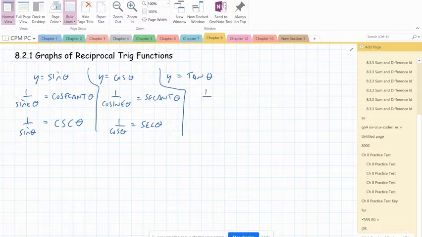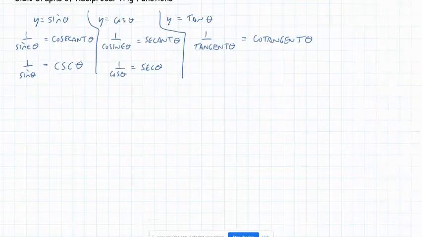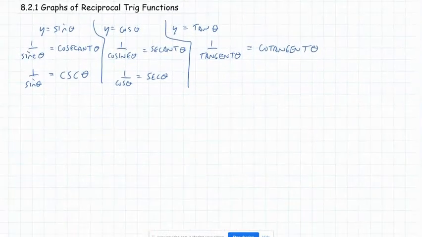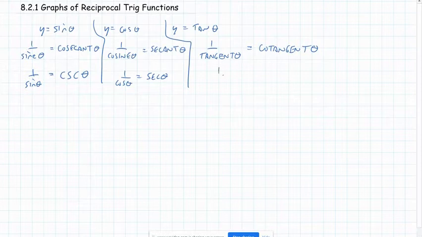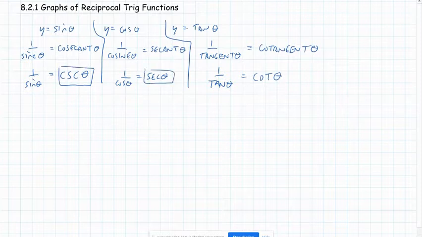So 1 over the tangent function is called the cotangent function. And so 1 over tan theta is COT theta. So those are our three reciprocal trig functions: cosecant, secant, and cotangent.